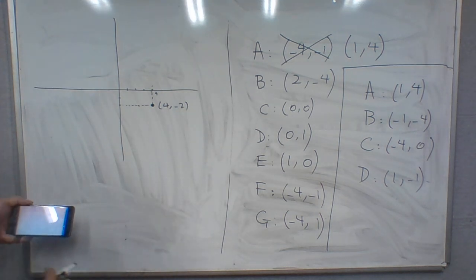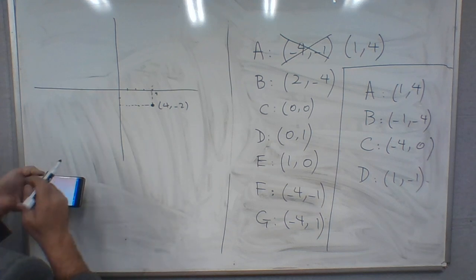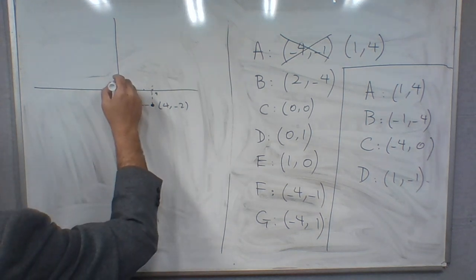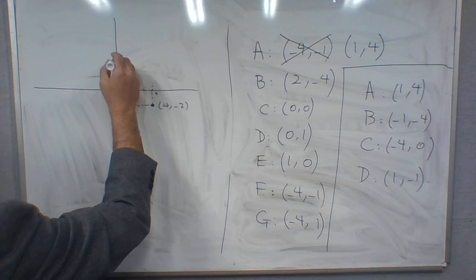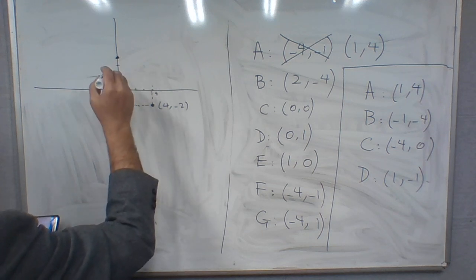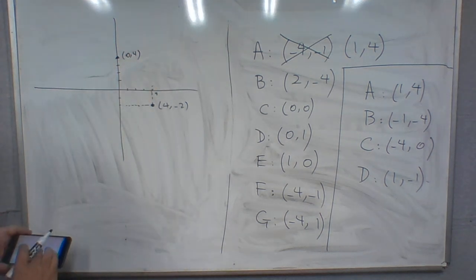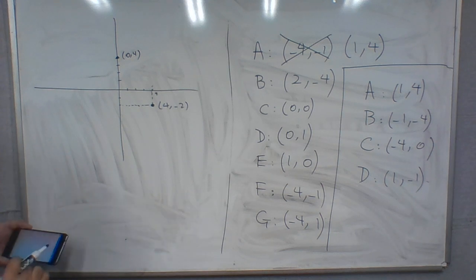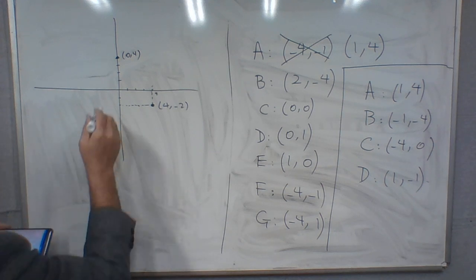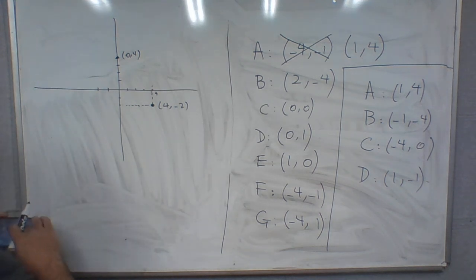The second one is 0 and 4. 0 means no left or right. 4 means 4 units up. So this is 0 and 4. And then the third point is -2 and 3. -2 means 2 units to the left and 3 units upward.